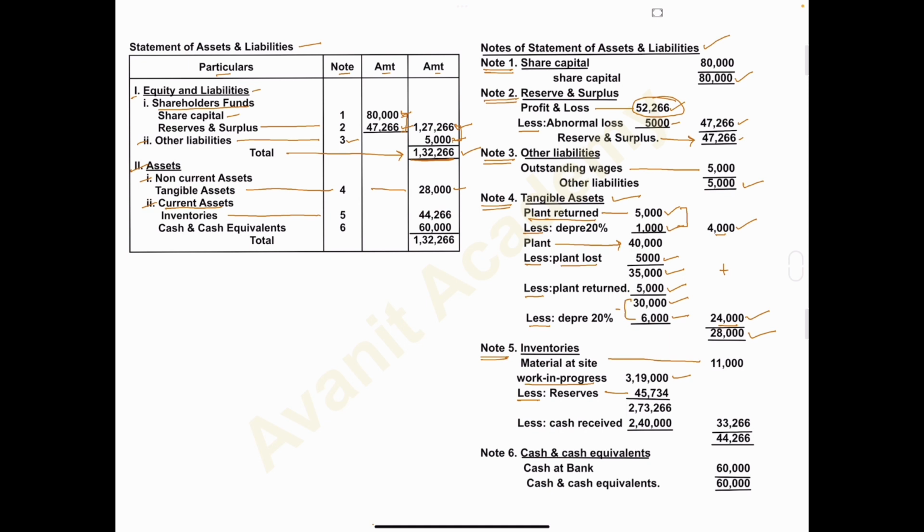So from 3,19,000 minus reserve, you will get 2,73,266. Then less cash received. Cash received from contractee, that is 2,40,000. From 2,73,266 minus 2,40,000, and you will get 33,266.